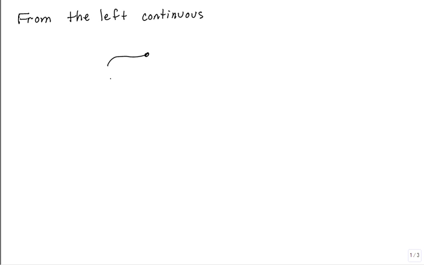Okay, you're coming in. This is the x-axis. The limit from the left is that. So the limit is this point, and the point is that point. So the limit as x approaches a from the left is f of a. So that's continuous from the left when you get to that point.